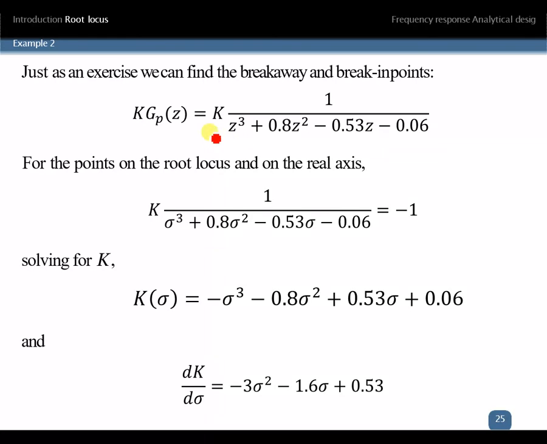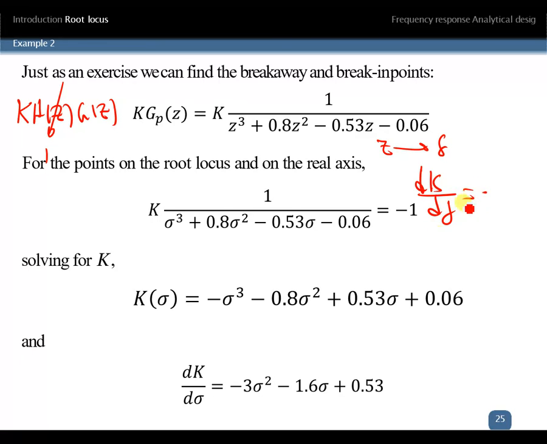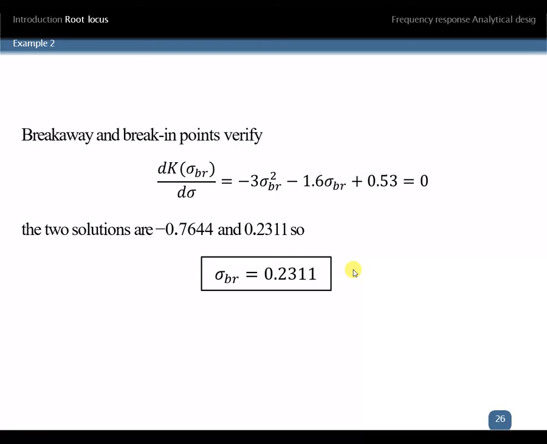Here they find the breakaway and break-in by finding k. That means you must find k from H(z) and G(z). Here H(z) is 1, and you write it here. You find this formula in z. You go to sigma, and then you find dk by d sigma equal to 0. You find the two roots, and you find the breakaway and break-in.